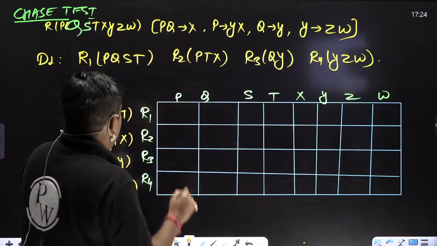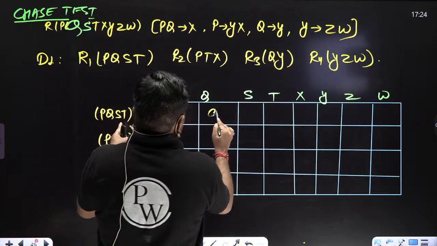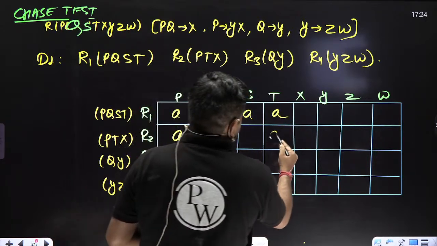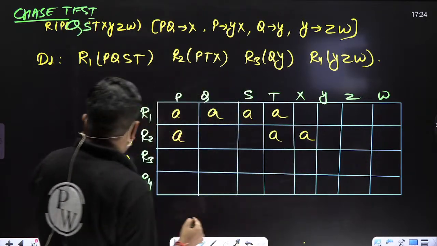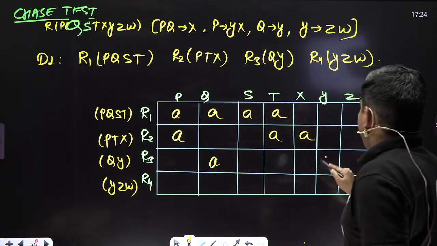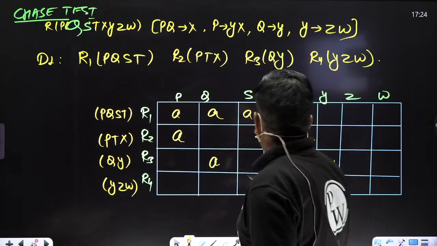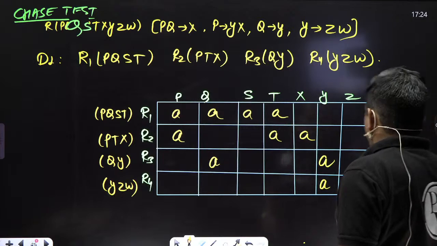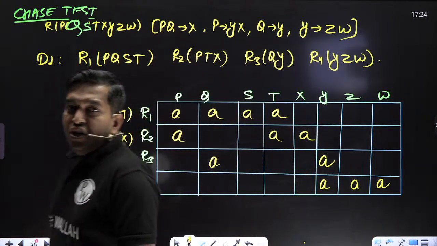So what do we do? Wherever PQST, we will write A, then PTX, then QY, then YZW.